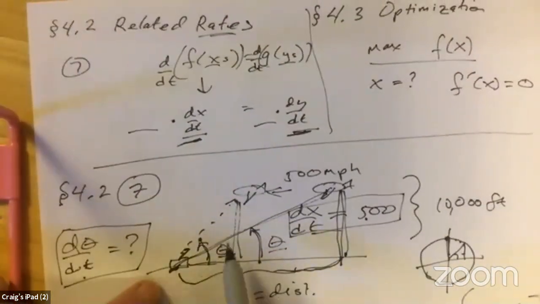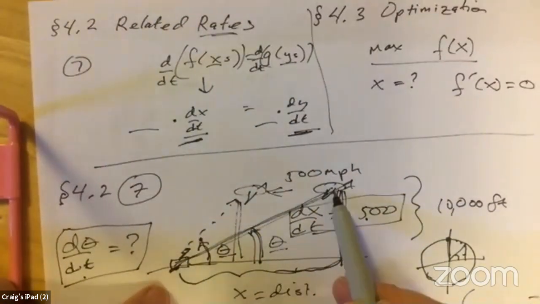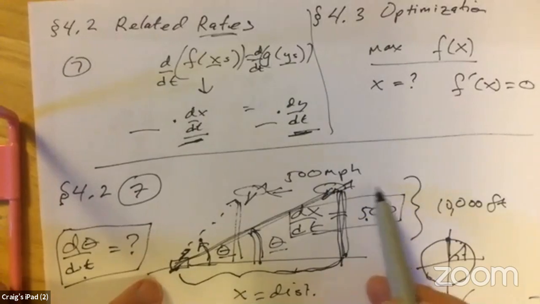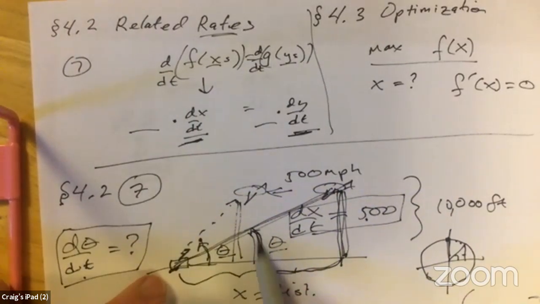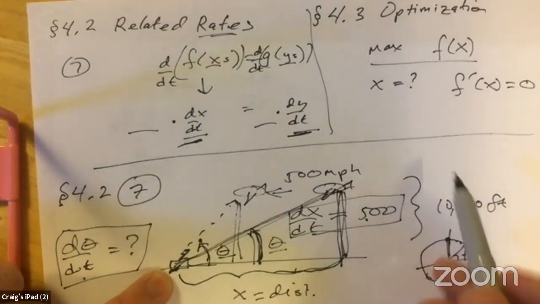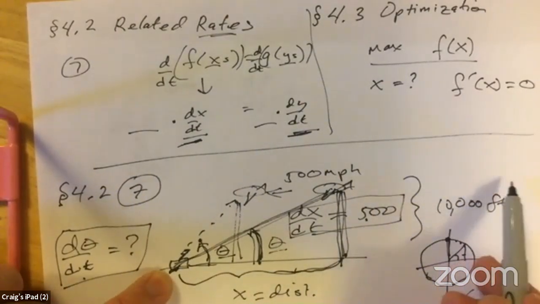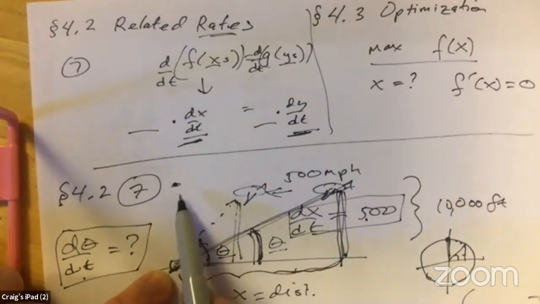Back from the very beginning, when my theta is small, that means the plane is far away. The plane is constantly moving overhead, but my angle, theta, changes as time goes by. You have to ask yourself, is the angle I'm looking at changing more when it's far away, or when it's directly overhead?